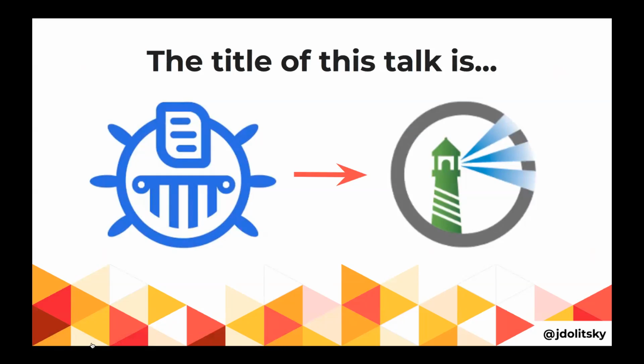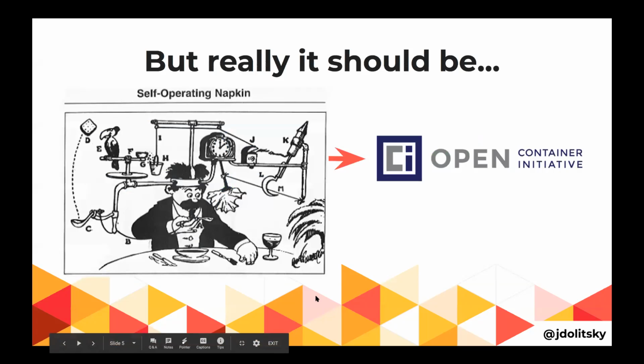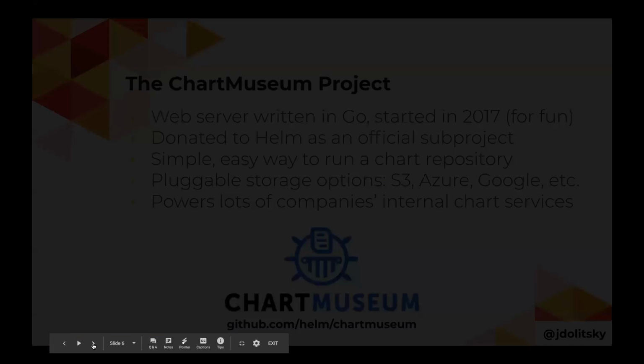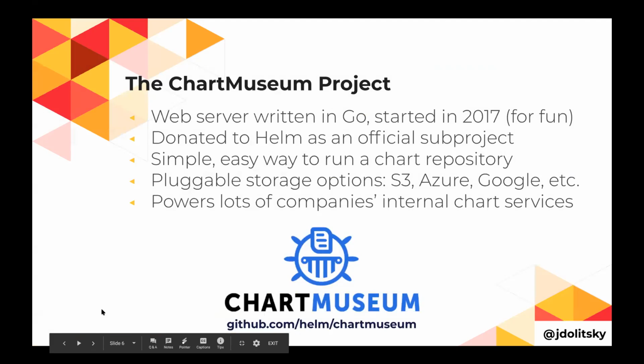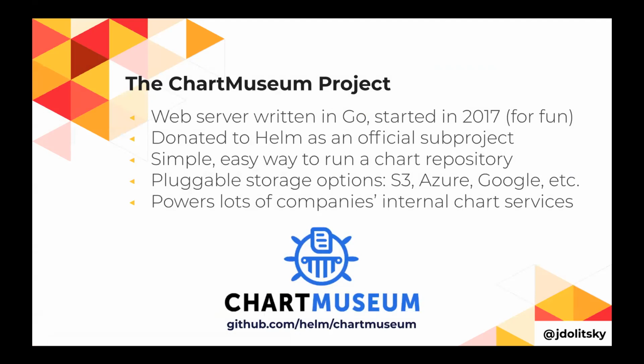So the name of the presentation is From Chart Museum to Harbor, but really it's about going from a custom way of distributing artifacts to using OCI, which is an open standard. So the Chart Museum project, I released it in 2017 and then it was donated to Helm.